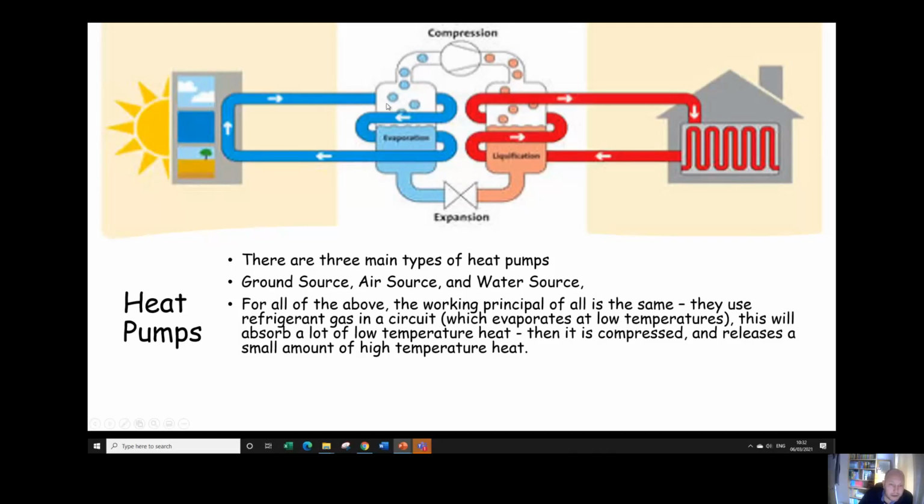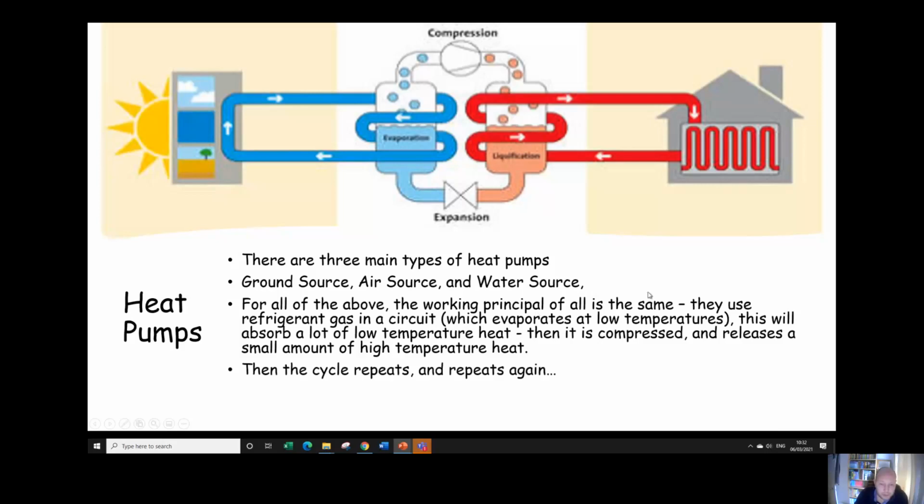So this gas evaporates, and then it goes through a compressor, and that compressor squeezes the gas, which causes it to release its heat, turns it back to a liquid. So what you can do is you can take a lot of low temperature heat and turn it into a small amount of high temperature heat, essentially, and that's how a heat pump works.